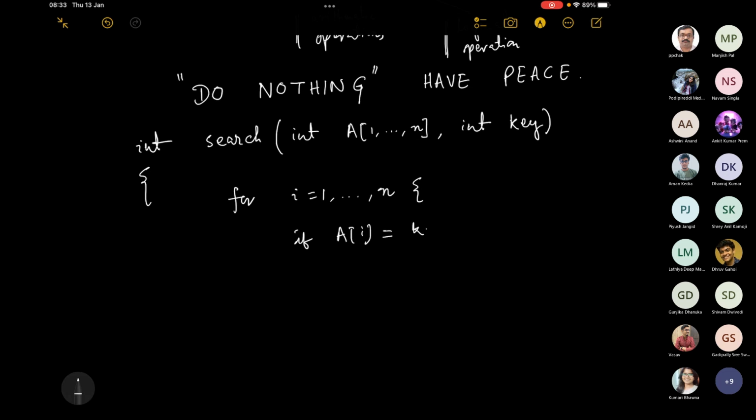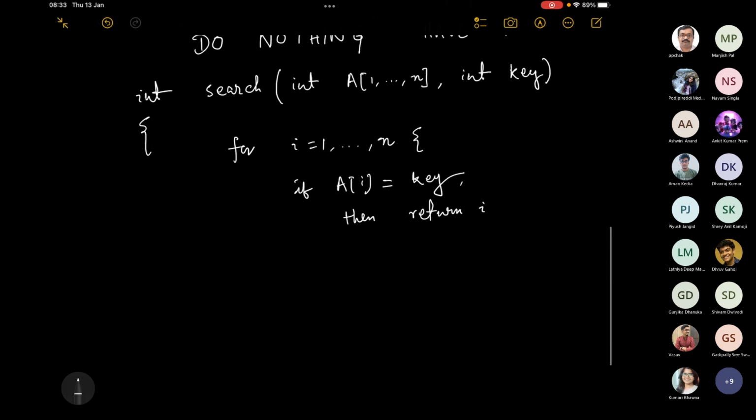If A[I] equal to key, then return I. And if we are not able to return anything at the end of the for loop, that means we have not got the item, so return -1. Okay.